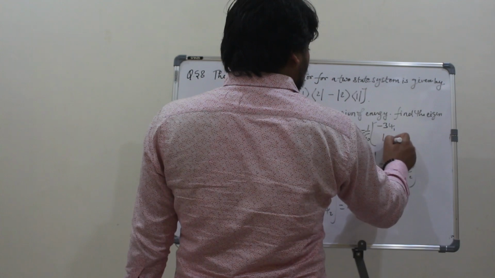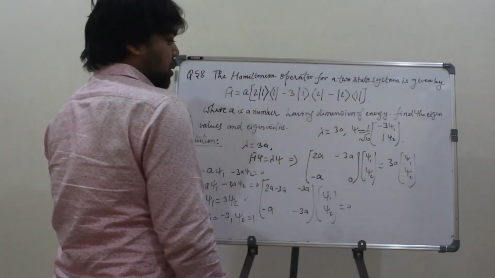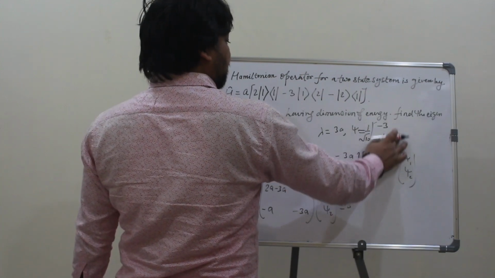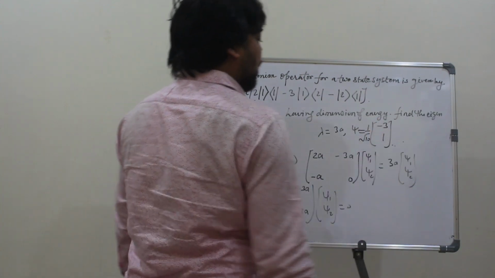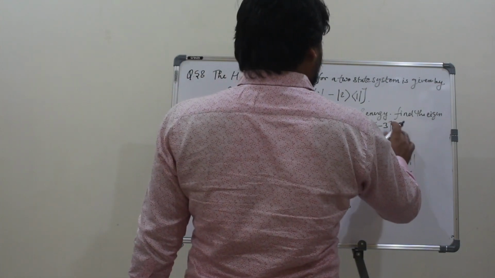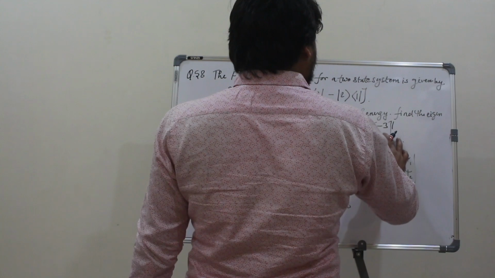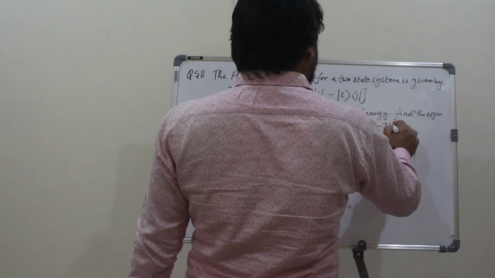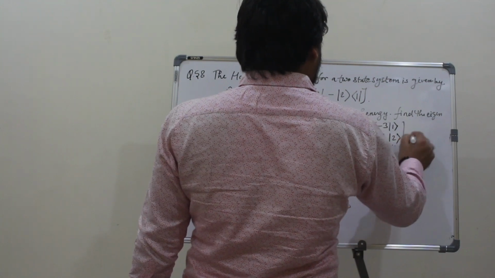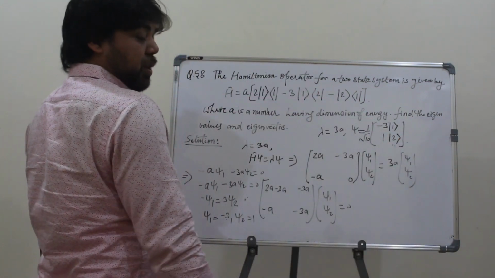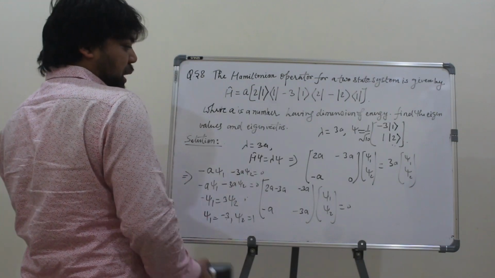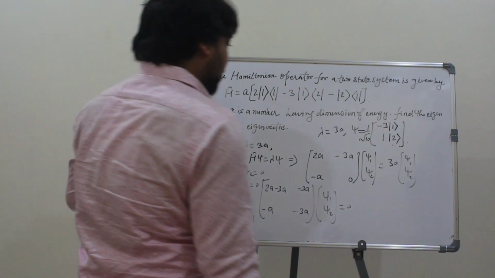Sorry, minus of 3 and 1, multiplied by state 1 and state 2, right, because it's a combination of 1 and 2. Still psi 1 is nothing but state 1, psi 2 is state 2.